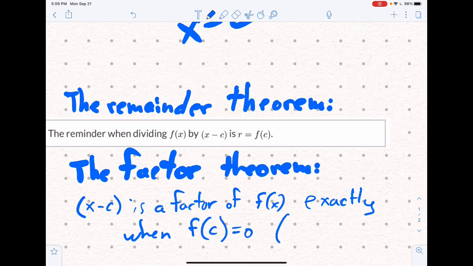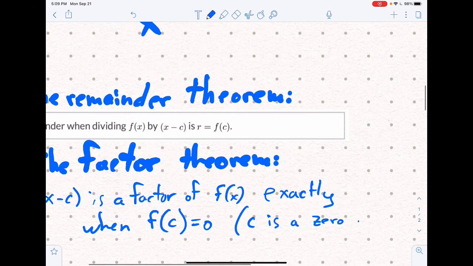That is to say, when c is a 0 of f of x.